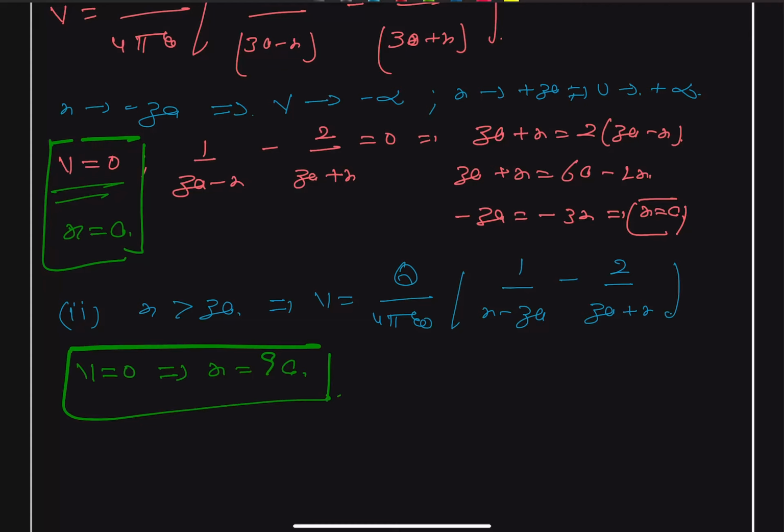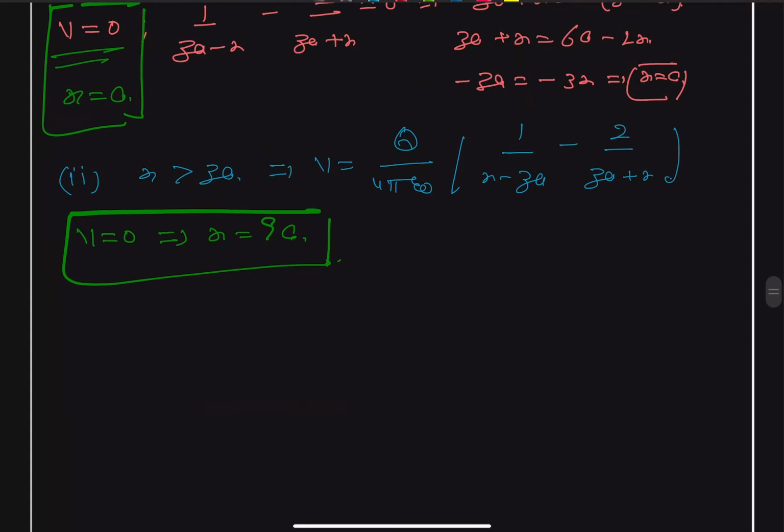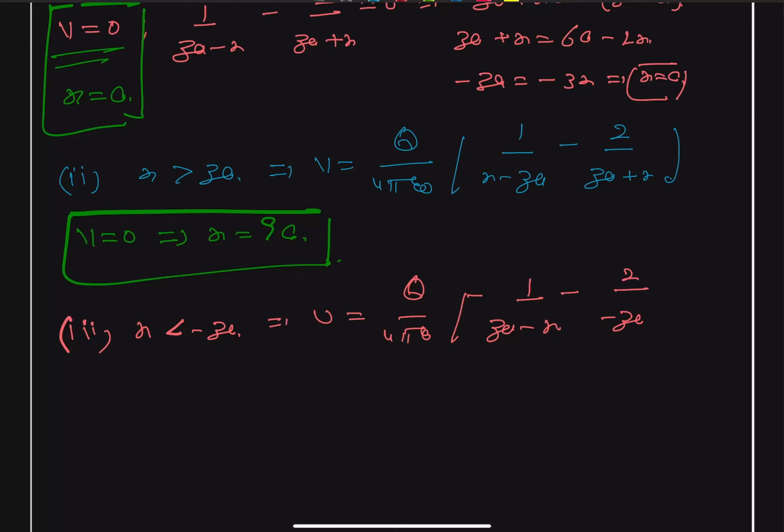And finally, our third part, x less than minus 3a, which gives us V equal to Q upon 4 pi epsilon naught times 1 upon 3a minus x minus 2 upon minus 3a minus x.